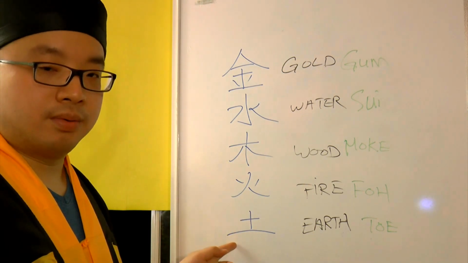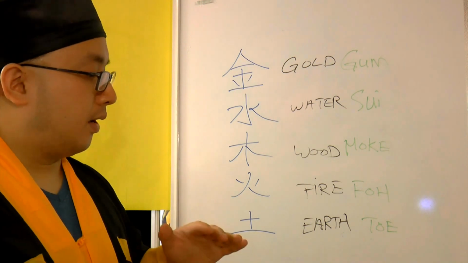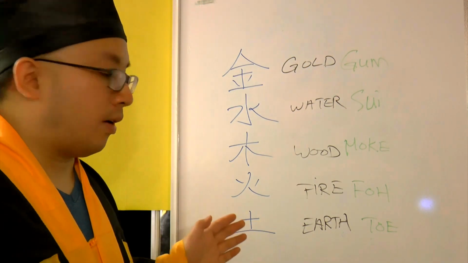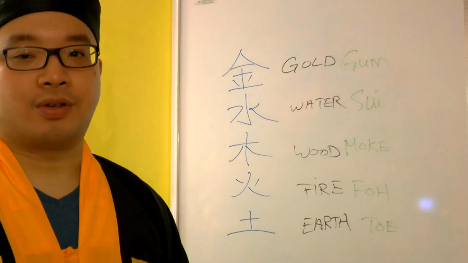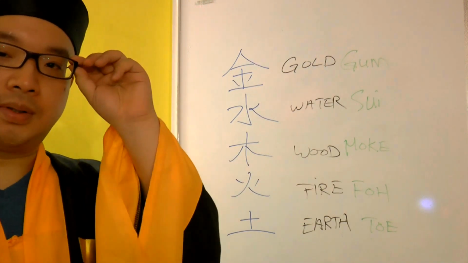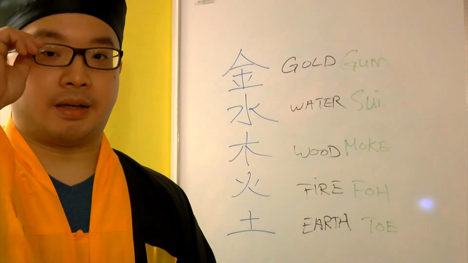And then 土, right here, is that you still have a potential action to be done, but then there's already a final result or a final state, a solid physical state that is born.